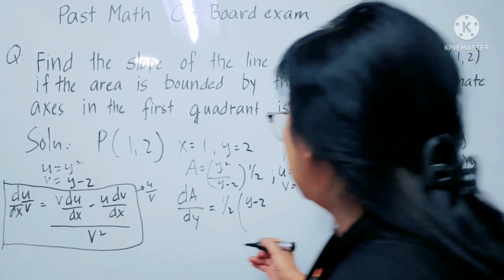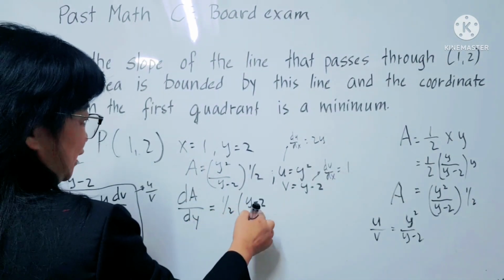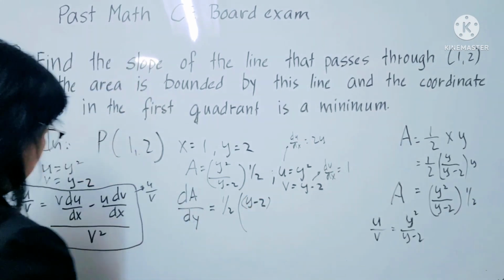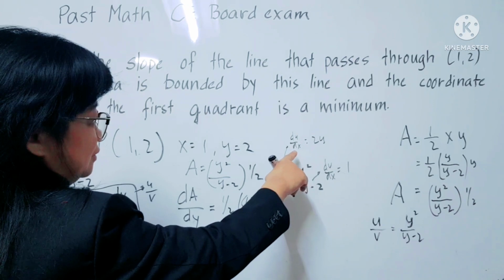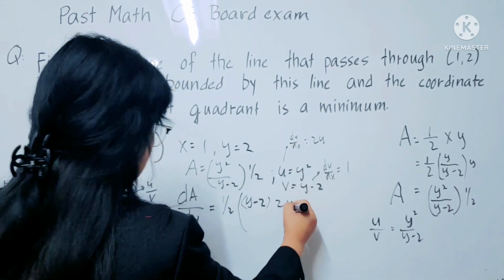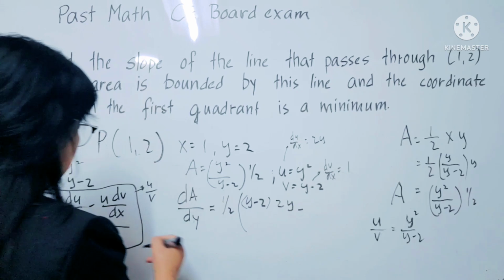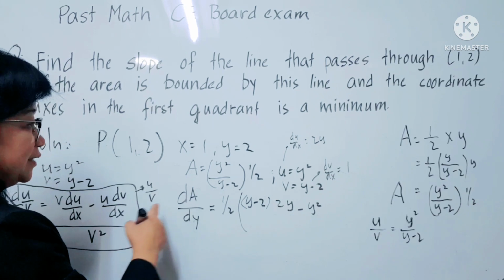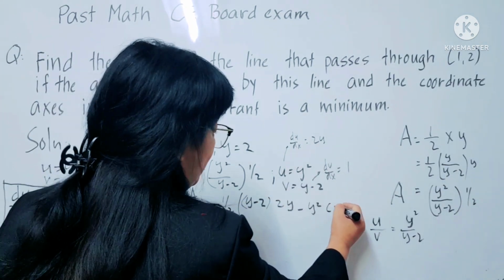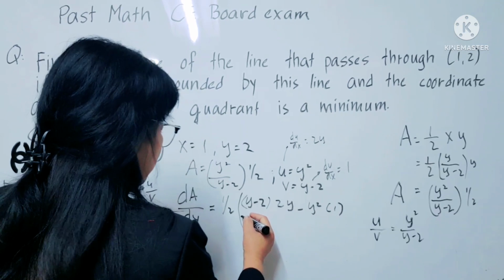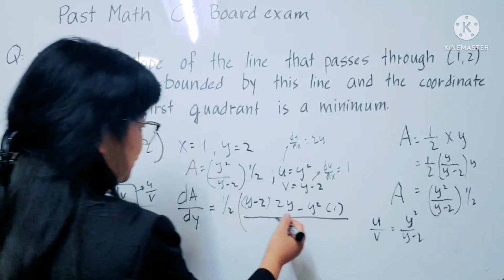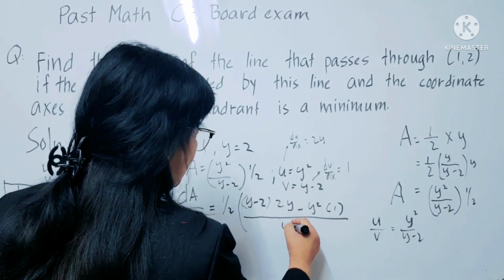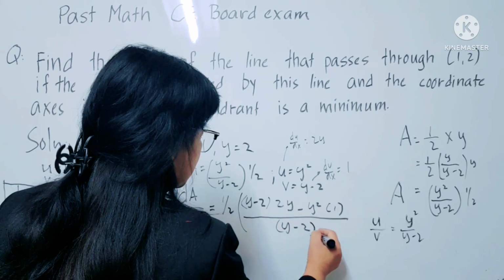So v, which is y minus 2, multiplied by du dx, which is 2y, minus u, which is y squared, multiplied by dv dx, which is equal to 1, divided by v squared, so y minus 2 squared.